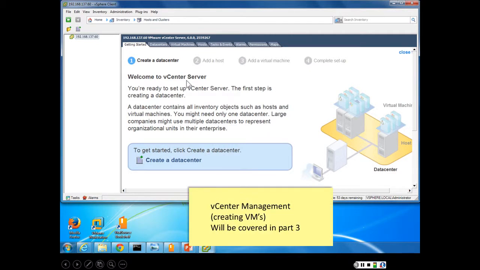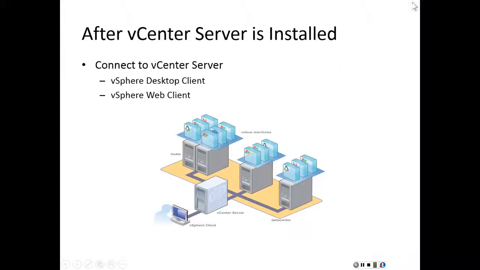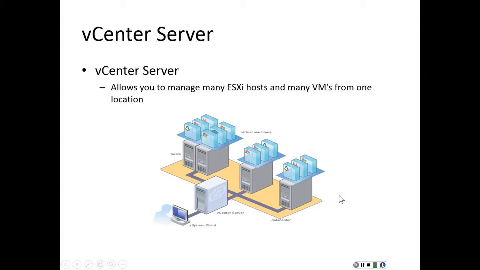And then at this point we could create virtual machines, but we will cover the creation of virtual machines later on in this chapter. After vCenter Server is installed, you connect to the vCenter Server either using the desktop client or the web client, and later on in this chapter we will use the vSphere web client.